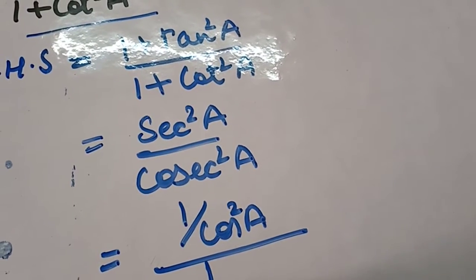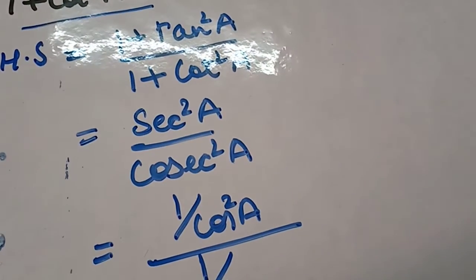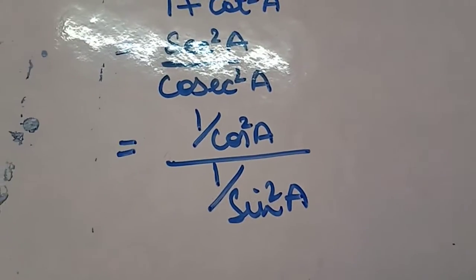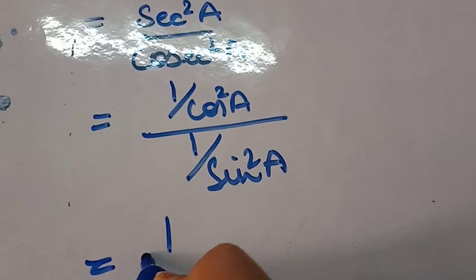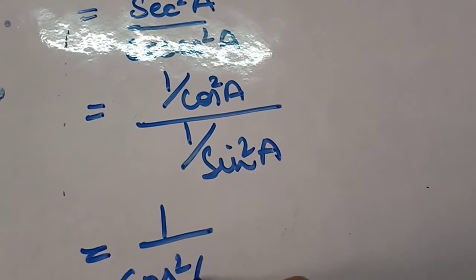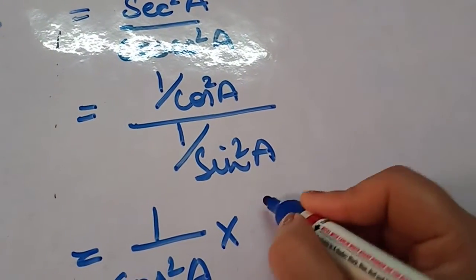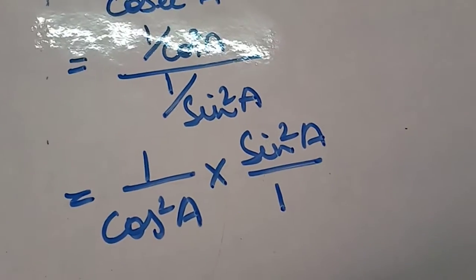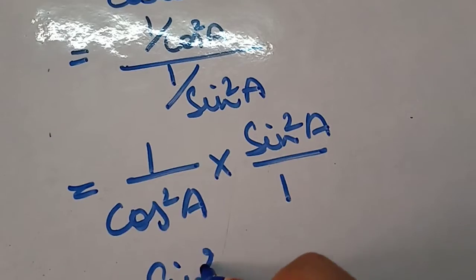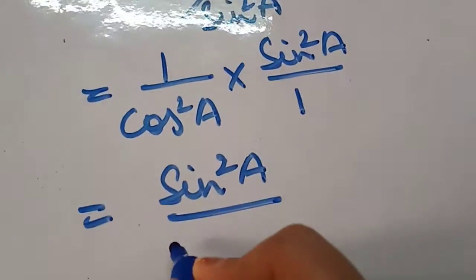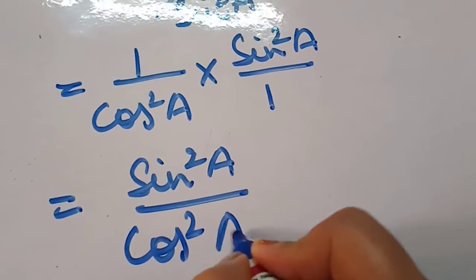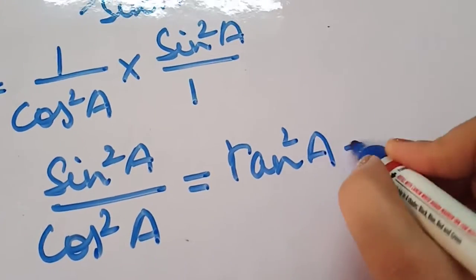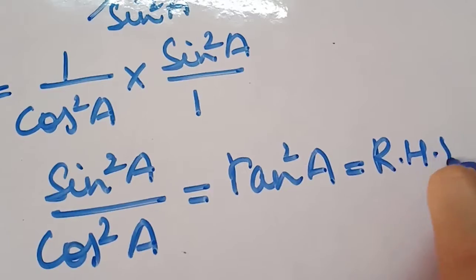And cosecant is equal to 1 upon sin A, whole square. Now we can write it as 1 upon cos square A multiplied by sin square A upon 1. It will become sin square A upon cos square A, and this is equal to tan square A, that is equal to right hand side.